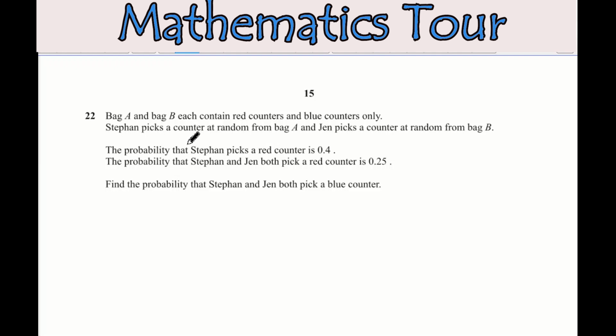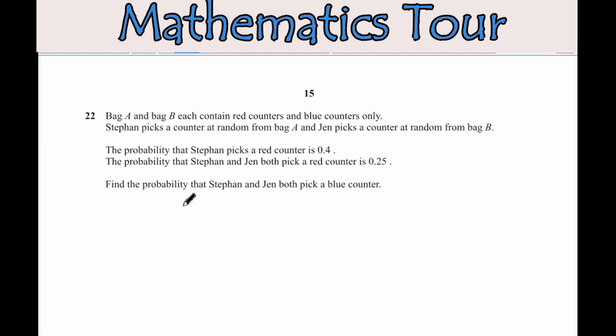Okay, the last question. Bag A and bag B each contain red counters and blue counters only. Stefan picks a counter at random from bag A and Jen picks a counter at random from bag B. The probability that Stefan picks a red counter is 0.4. The probability that Stefan and Jen both pick a red counter is 0.25.